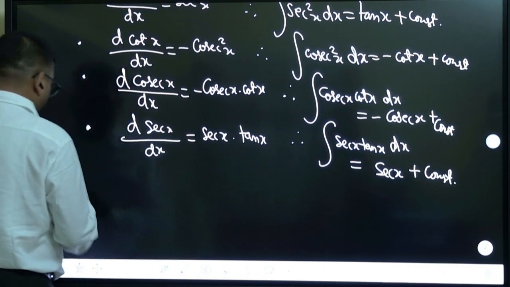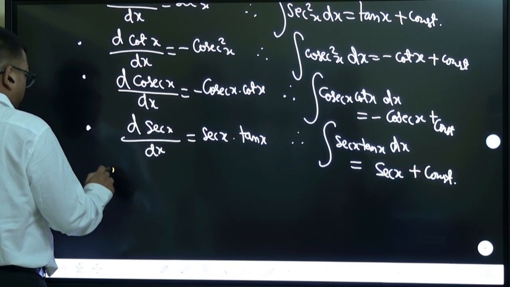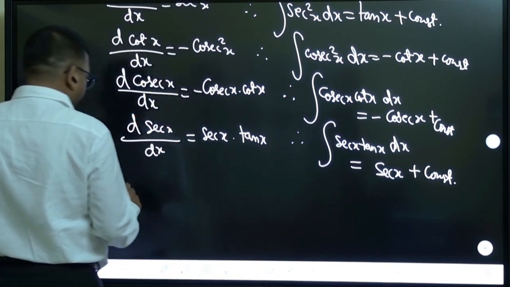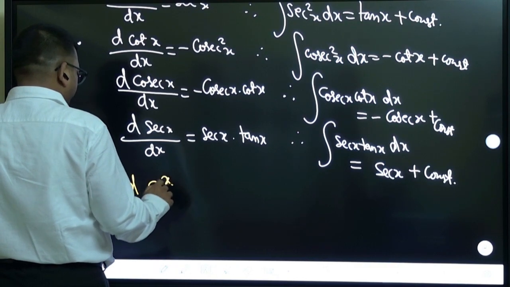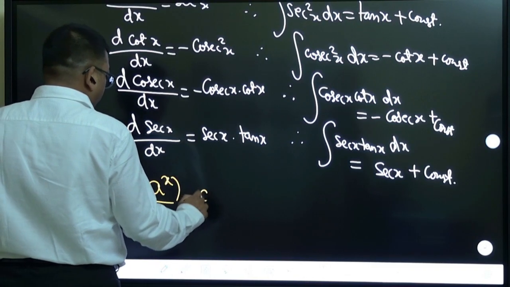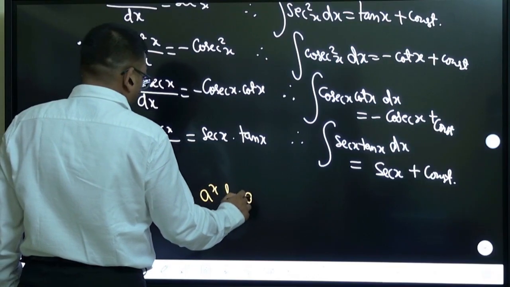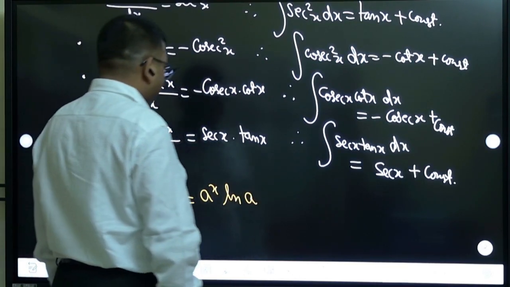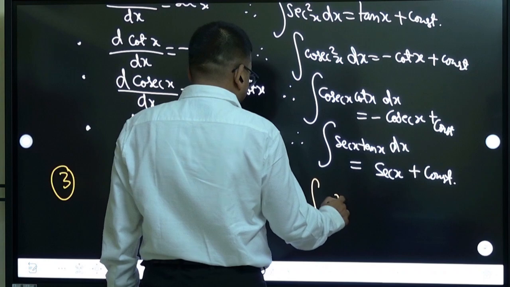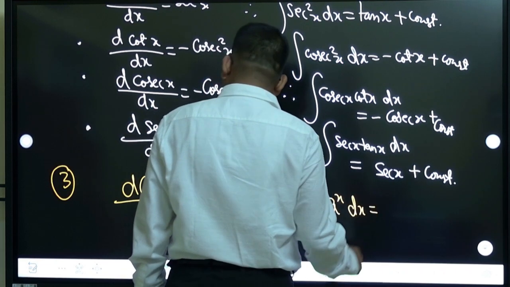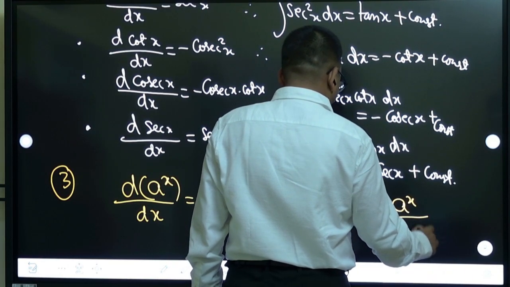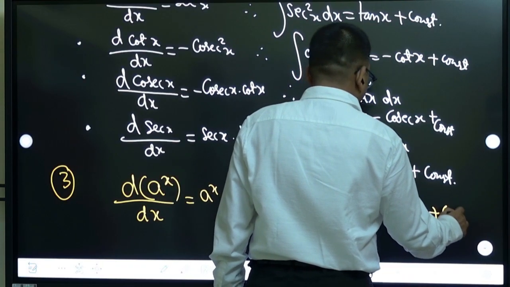So think like this with differentiation. First, what is the differentiation of a power x with respect to x? That is a power x ln a. So the integration of a power x with respect to x will become a power x divided by ln a plus a constant of integration.